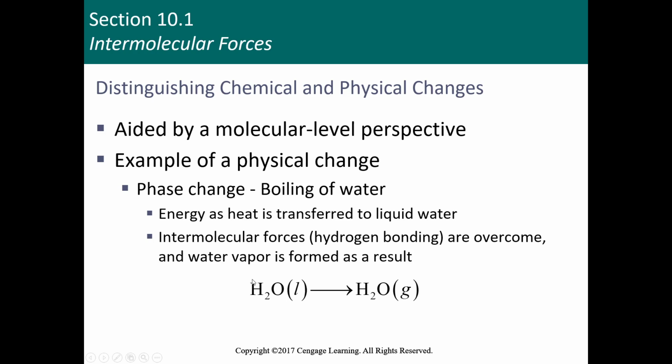Now notice you have not changed the intramolecular forces, which are the bonds between hydrogen and oxygen. You have only broken the intermolecular forces, which are the hydrogen bonds. And once you've overcome them, you have split your water molecules apart and gotten the gaseous form, or water vapor.